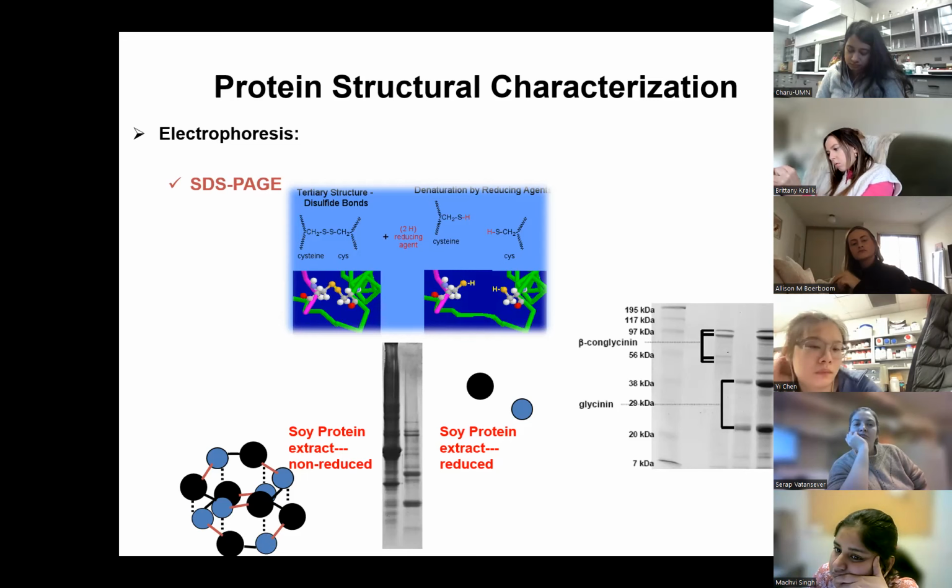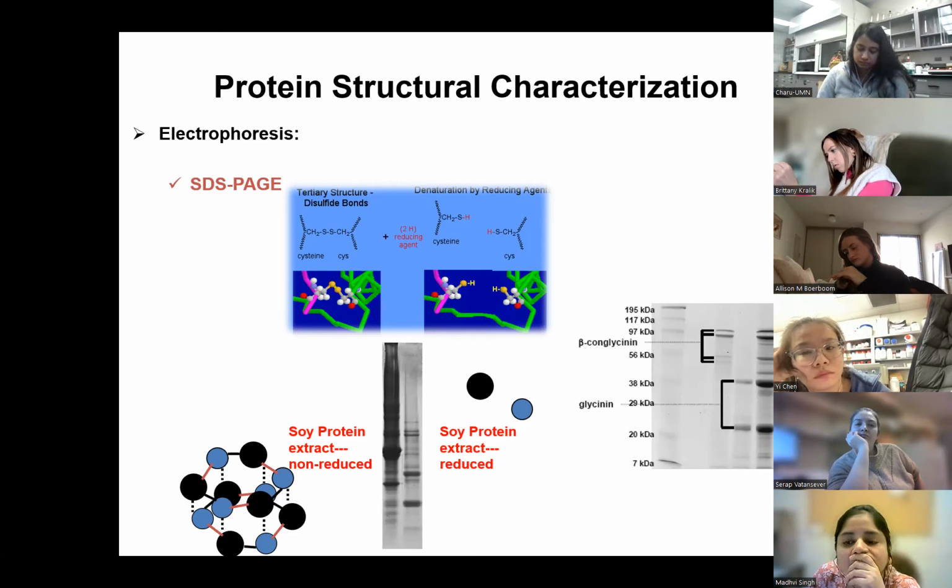So depending on the extraction conditions, the processing, any heat treatment, a monomer of a globulin can actually bind via a disulfide linkage to another monomer, and it will migrate to 100 kD. And you would go, okay, so 100 kD is about double the 50 kD, so we think that's a dimer.